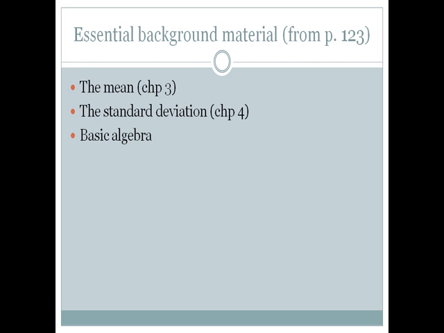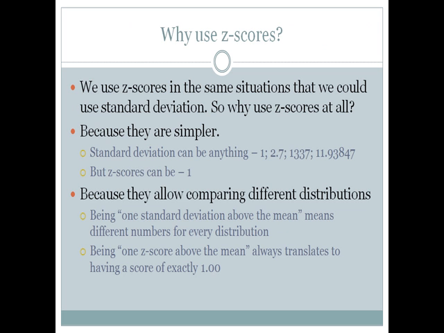In order to understand z-scores and to perform in this chapter, we're going to need to understand the mean and the standard deviation. We're going to need a little bit of algebra, but that'll become self-explanatory. So why are we using z-scores rather than using standard deviation?